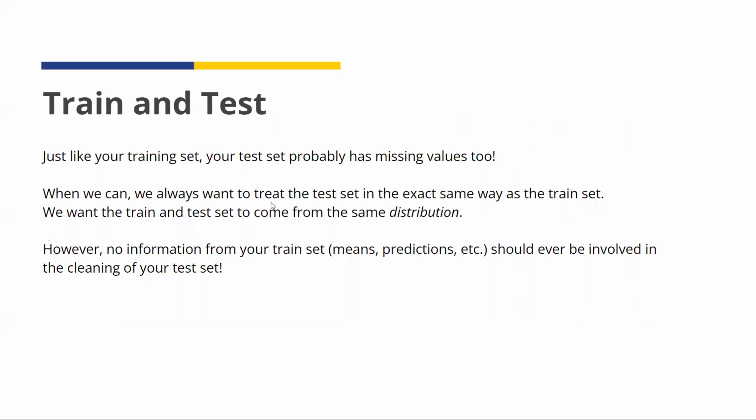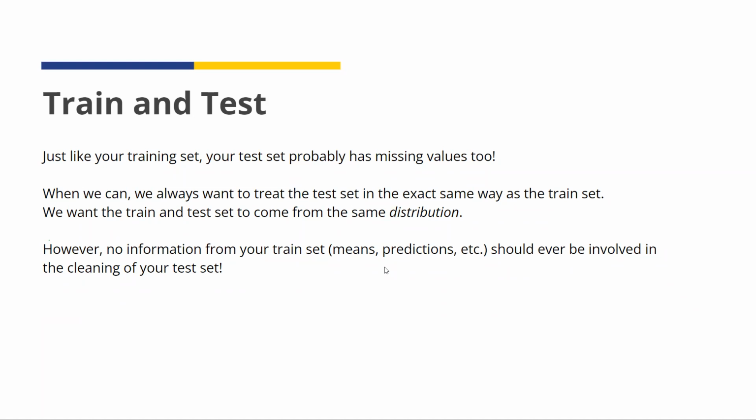Briefly, to touch on training and testing again, we'll be going over this a little more in detail next week when we start talking about regression. When you partition your data set, you're likely going to have missing values in both your test and your training set, since they both come from the same set. What we want to watch out for when we're cleaning our data is that we don't impute any means or any base statistics into our test set that came from our training set.